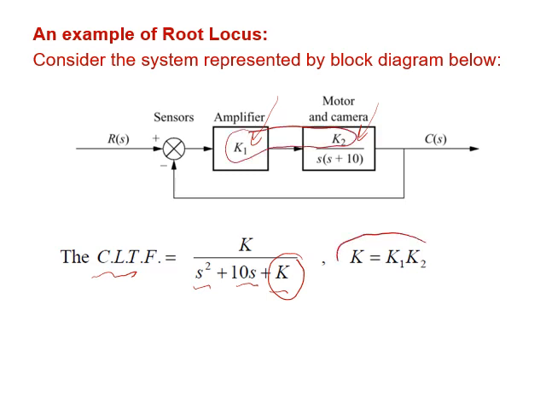Now let us check in the next slide, if the value of K starts from a certain point and we increase it to a certain value, how the poles are going to change their position.